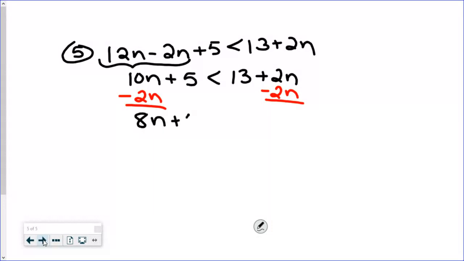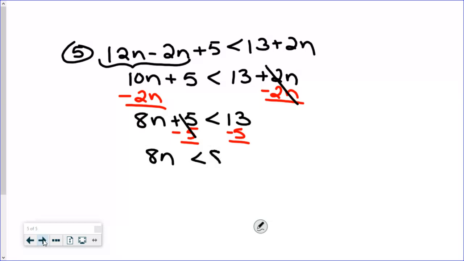So I have 8n plus 5 is less than 13. Okay. Now I'm going to minus 5. Okay. 8n is less than 8. I'm dividing by a positive 8, so I don't need to flip the sign. And I notice my n is on my left, and that's a 1. Woohoo!